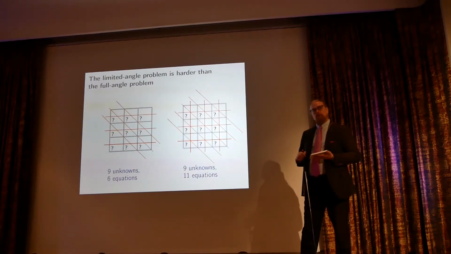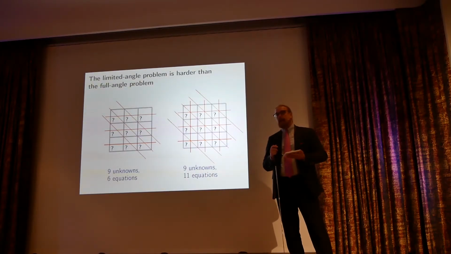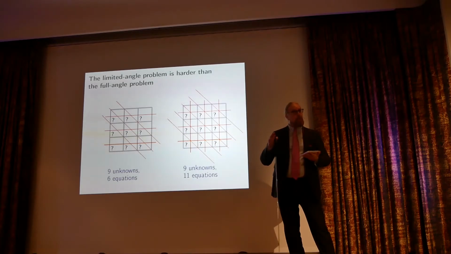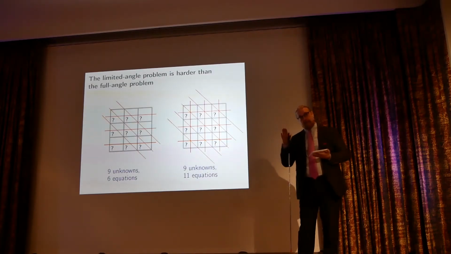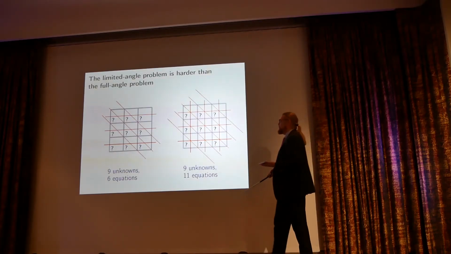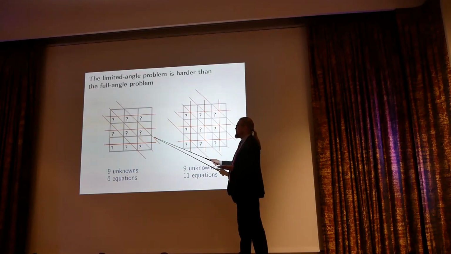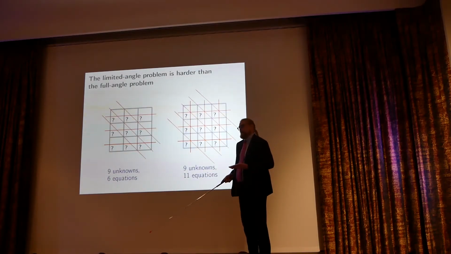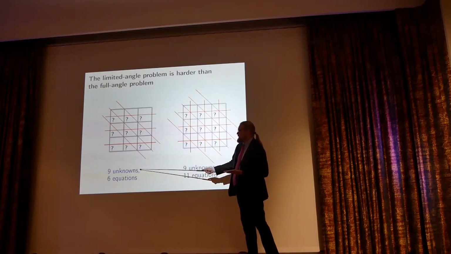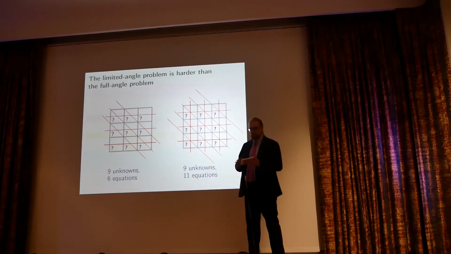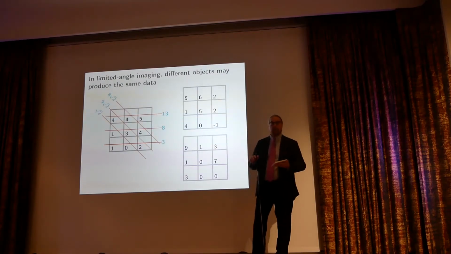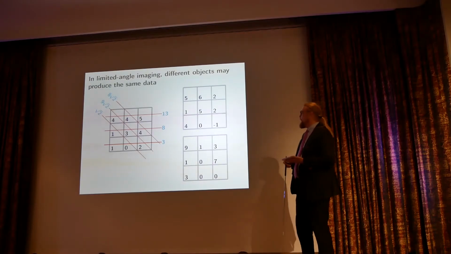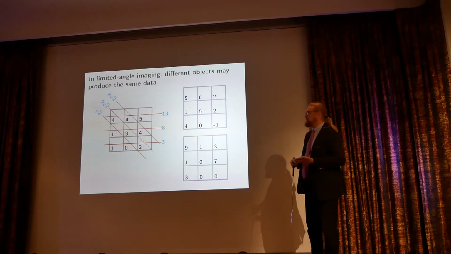For example, like you saw in this dental imaging case, we could not image from all around. We were limited in the range of views, a little bit like here. We can only see the horizontal and these 45-degree images. Already there we face some mathematical problems. We are trying to find 9 numbers out of 6 equations, which is impossible and shows up as non-uniqueness in the inverse problem.